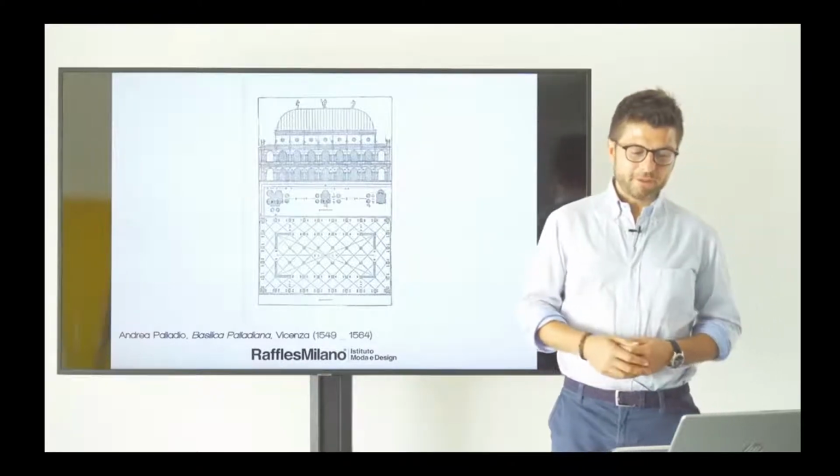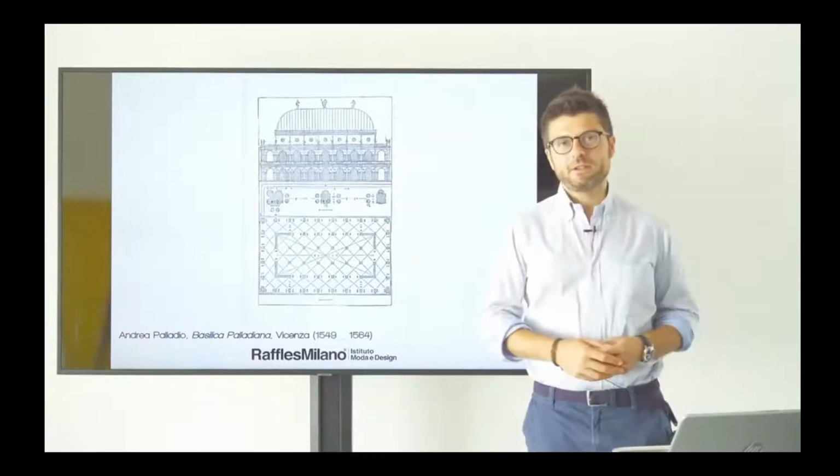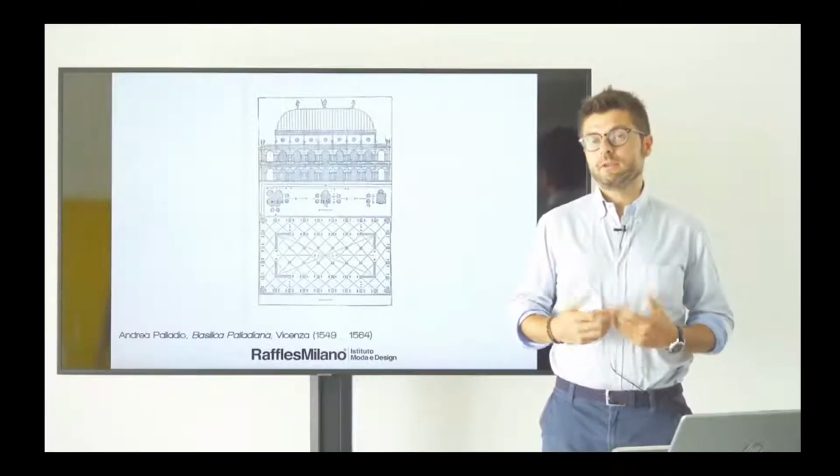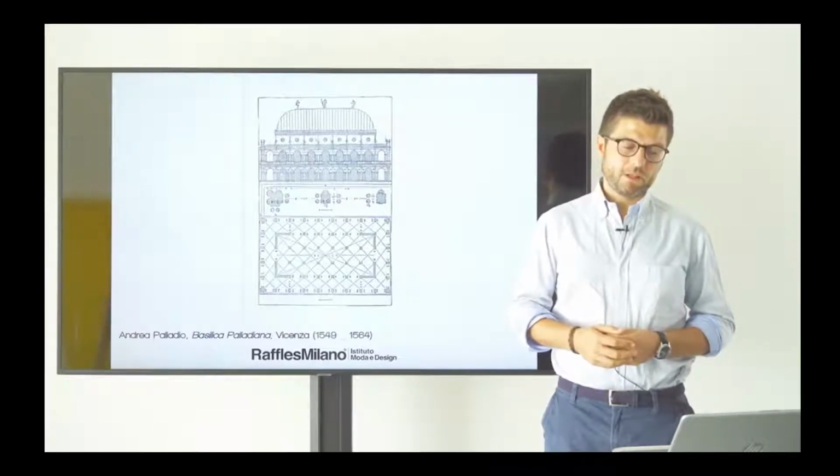One of them is the Basilica Palladiana, part of the UNESCO heritage since 1994, a space that in the past was used as a government building, and today is used for a series of exhibitions.